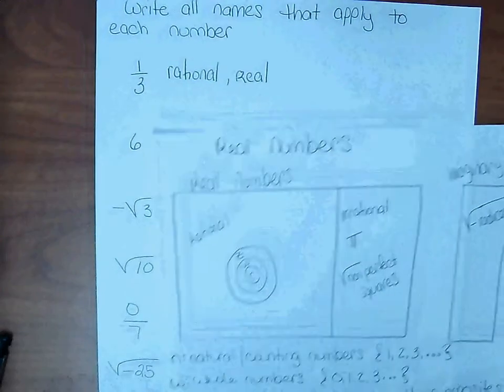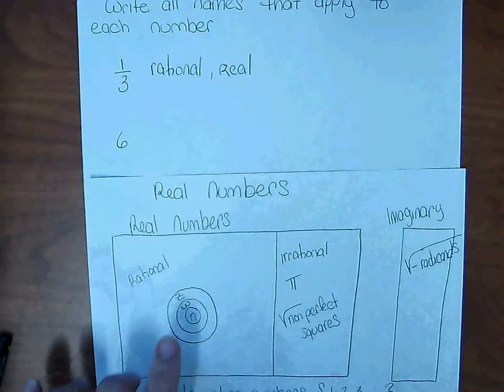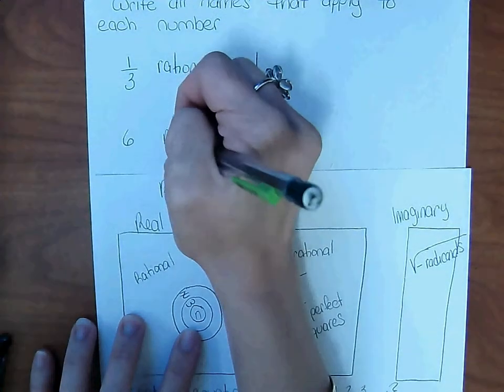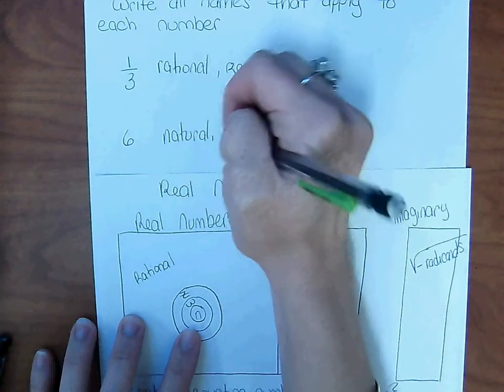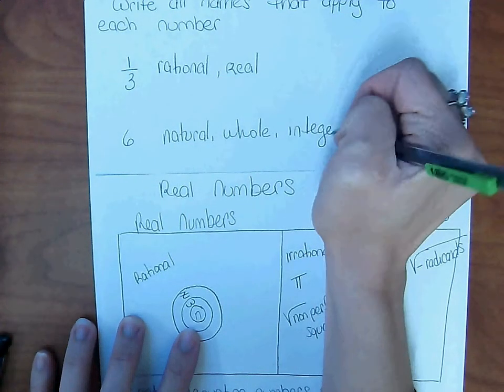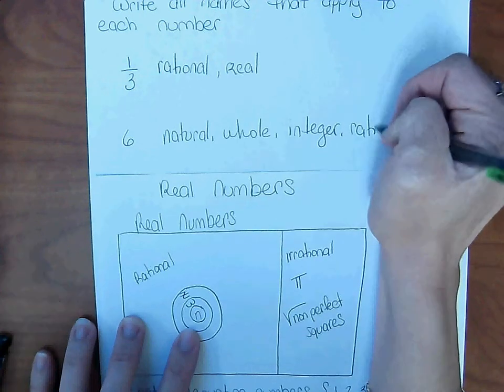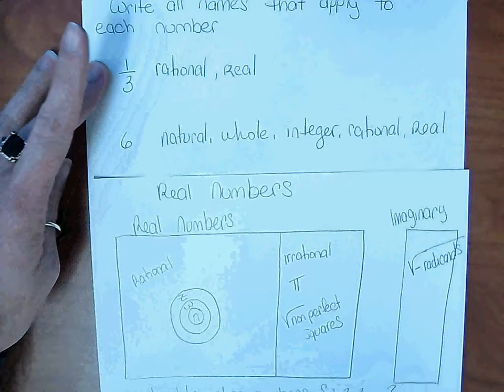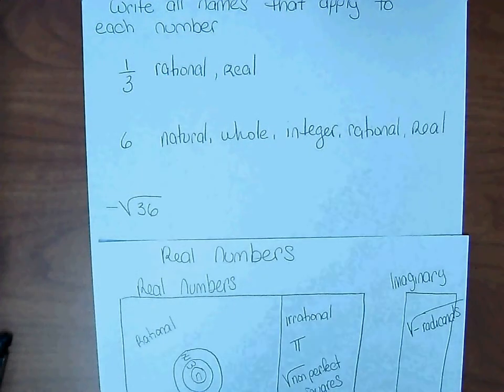6. Okay, well, 6 is a natural or a counting number. That means it is a whole number, it is an integer, it is rational, and it is real. Negative square root of 36.